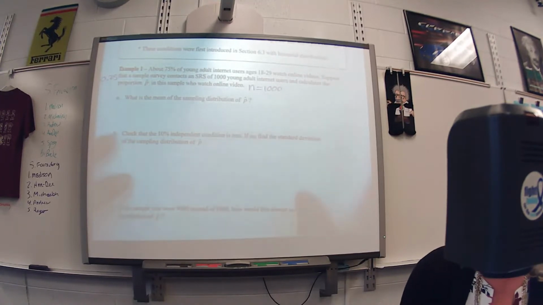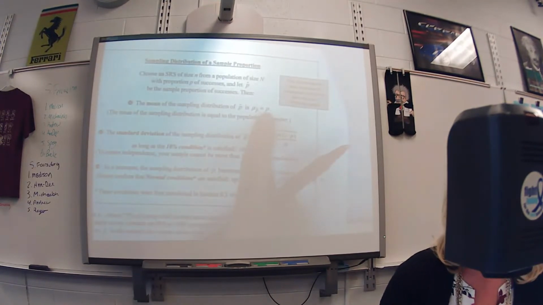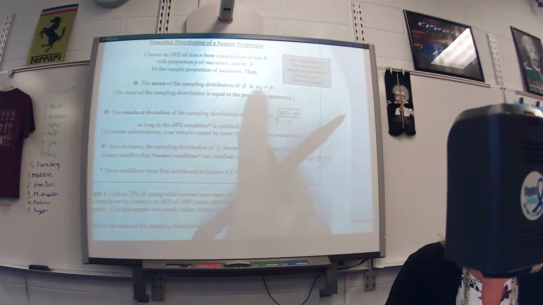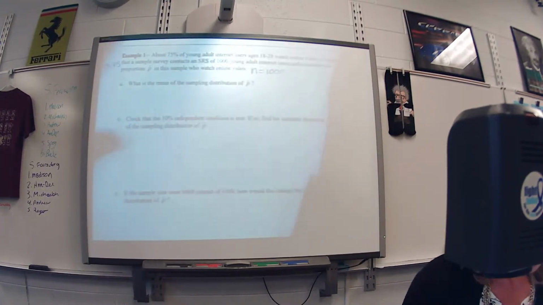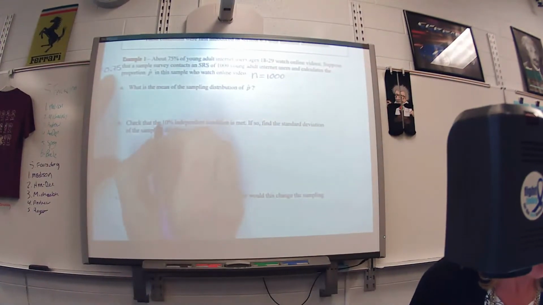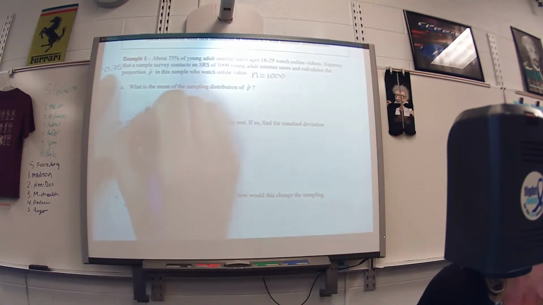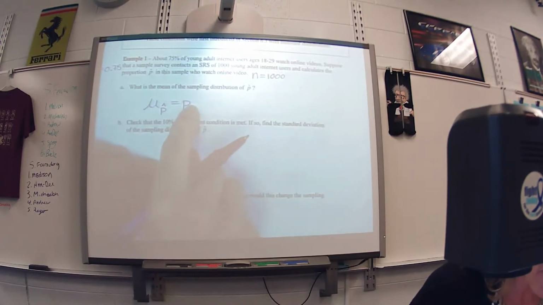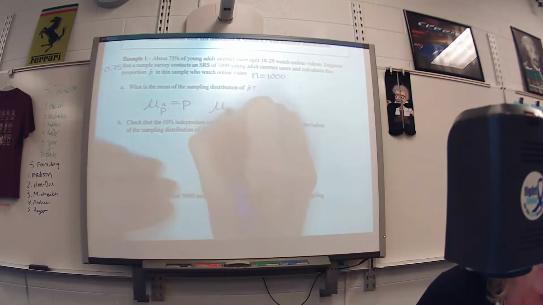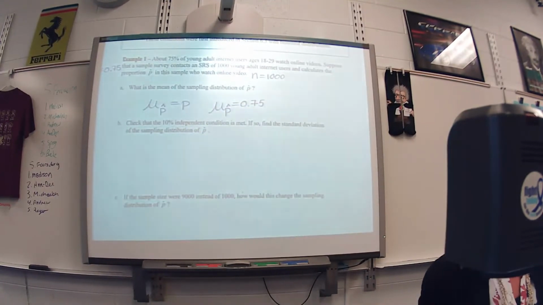There's a formula that says, if you know the population parameter, that should be the mean of your sampling distribution. So if I know that P is 0.75, and I know that mu sub p hat is equal to P, then mu sub p hat probably comes in at about 75%.